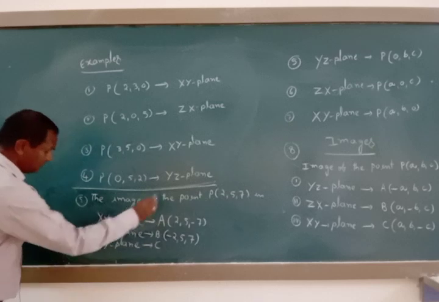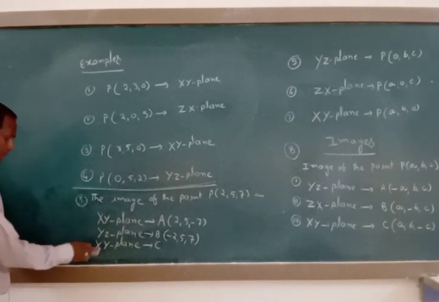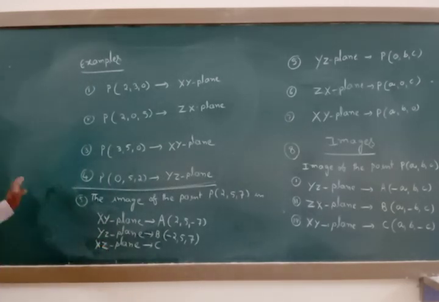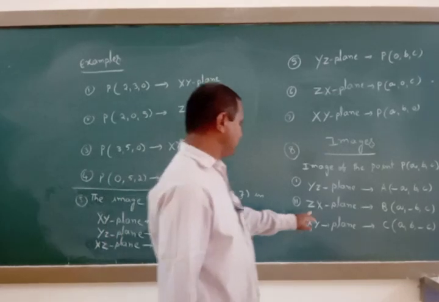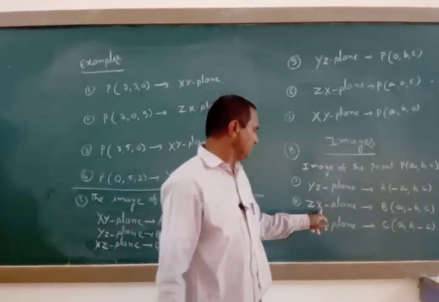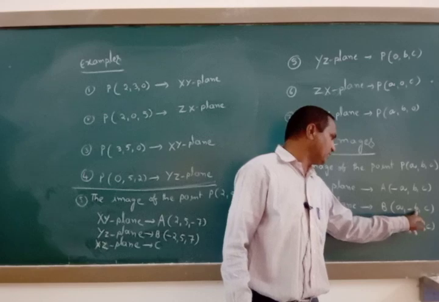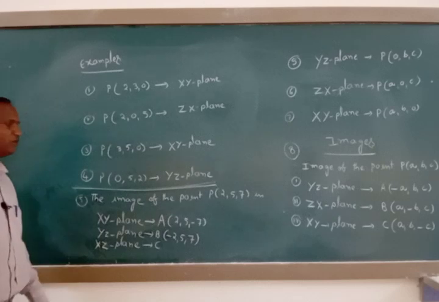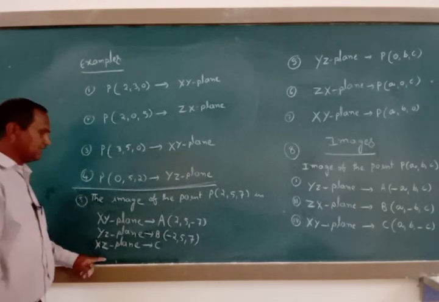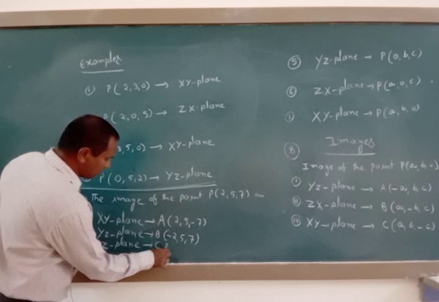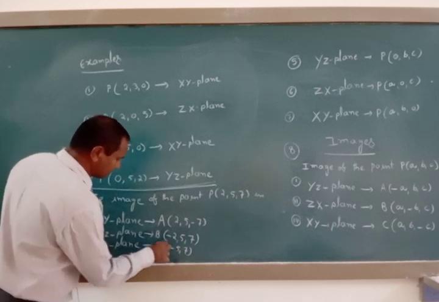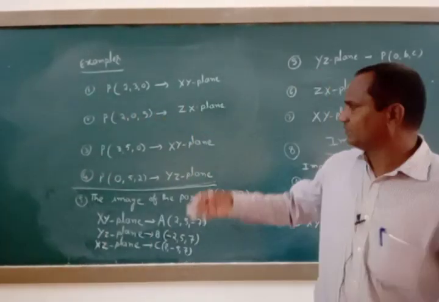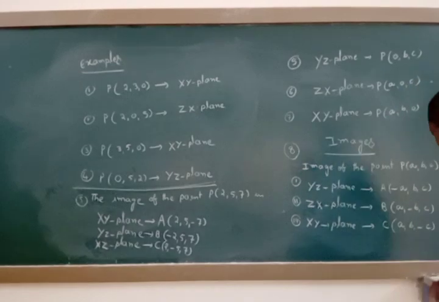Next plane is the XZ plane. ZX or XZ are both considered the same plane. In the XZ plane, the second coordinate is negative. So according to that formula, the image of the point P(2, 5, 7) in the XZ plane is (2, -5, 7). Like that, we are taking images and lying of the points on the planes.